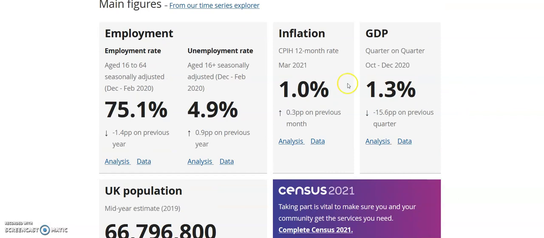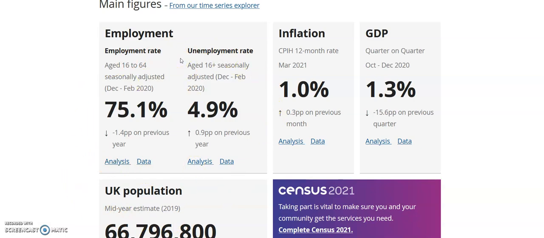Statistics about the United Kingdom. Many people, students and maybe other stakeholders, may get confused when talking about the unemployment rate. When we talk about employment and unemployment, remember that it's not a percentage of the population.